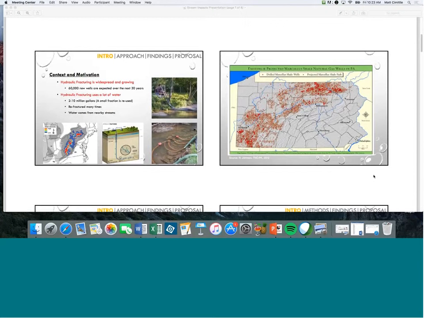And this is the main concern for us, that they're withdrawing water from the local streams and rivers to pump down into these wells. This is also what geologists call dry strata, so that water mostly stays down there. You don't get very much of it back out. You can see in this lower left-hand figure the density of wells that are being established here.